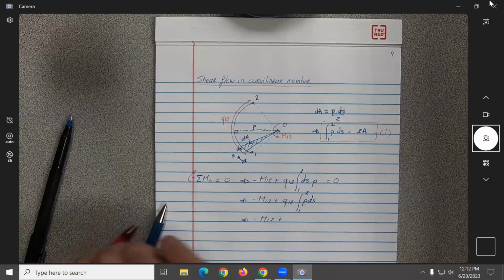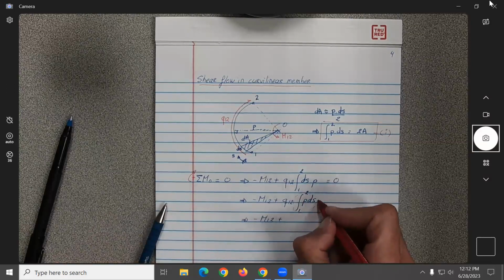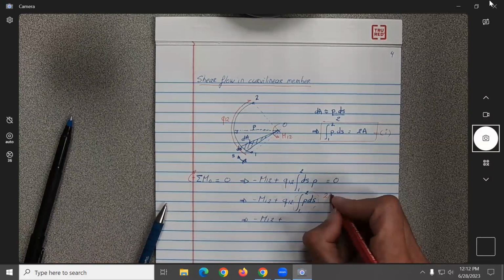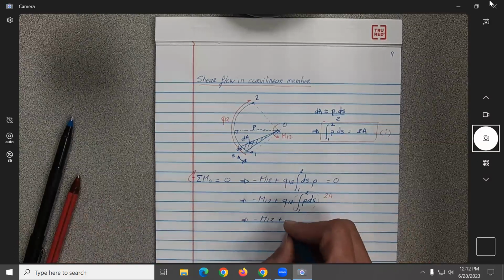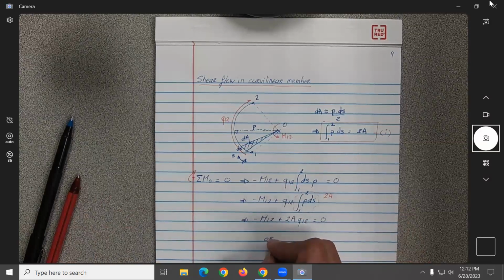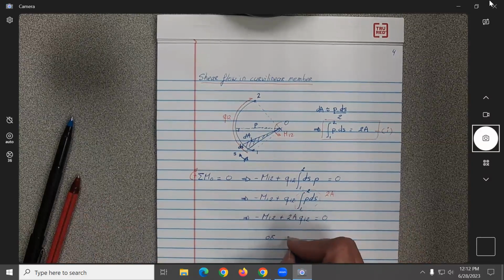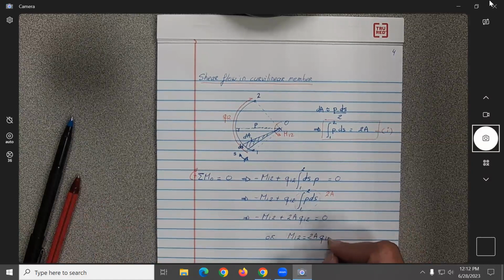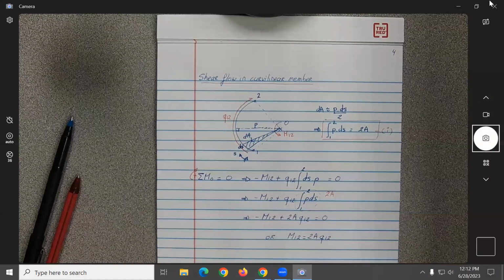This term is equal to 2A. So we're going to have minus M12 plus 2A Q12 equal to 0, or you're going to get that M12 equals 2A Q12.